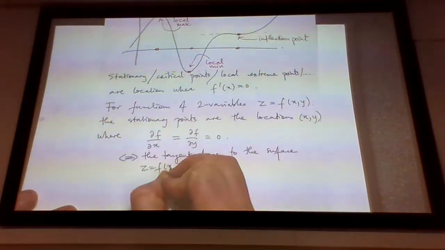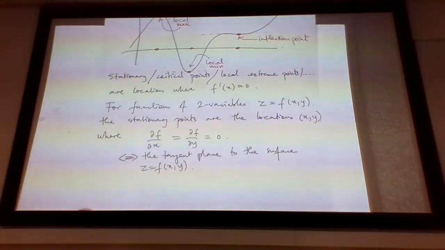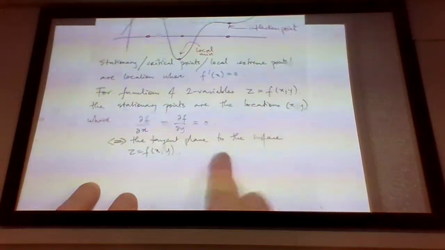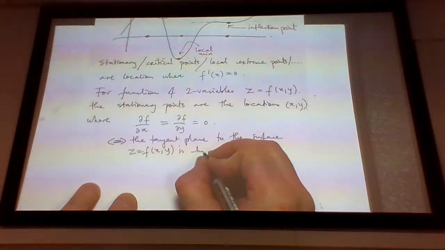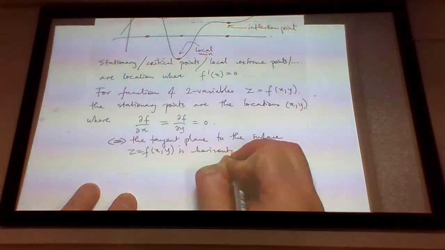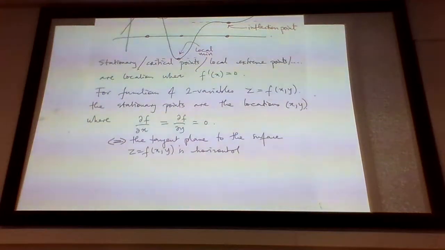Remember, the equivalent thing to the graph of a function of 2 variables is a surface. The tangent plane to the surface z equals f of x, y is horizontal, parallel to the xy plane, if these 2 partial derivatives vanish.